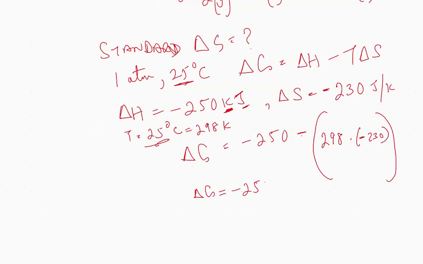Now this 230 is joules per Kelvin. Remember joules per Kelvin. If you're going to get it to kilojoules, you multiply it by 10 to the power minus 3. So I just have to multiply those two, 298 times 230.